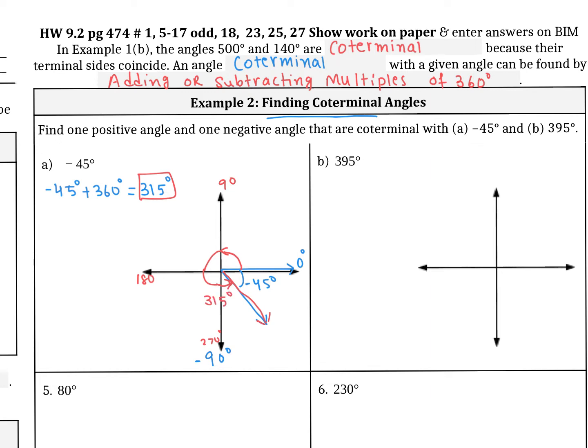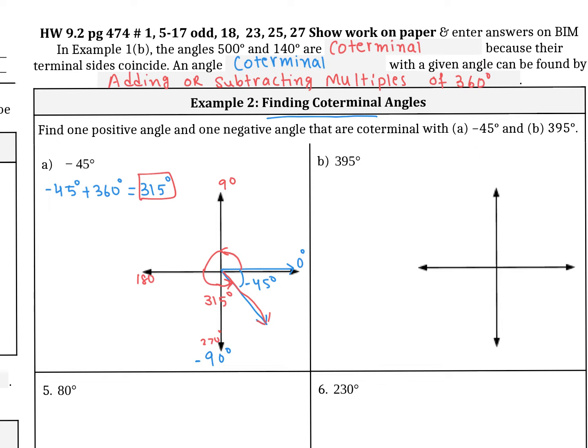So when you graph this negative 45, it is the same as graphing positive 315. Now we found the positive angle that is coterminal with negative 45. Now we are going to find the negative angle that is coterminal with negative 45.